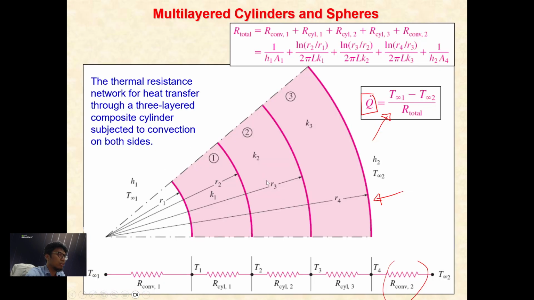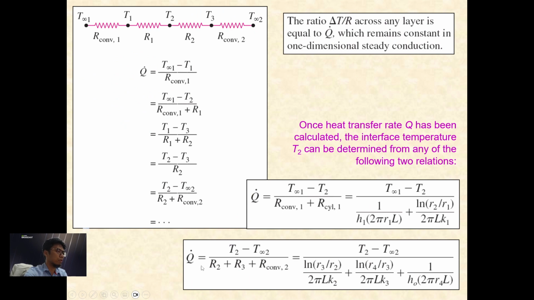You only need to memorize every single resistance. For example, here the resistance of a cylinder, for conduction, just memorize that one particular, don't memorize the whole equation. This is just a waste of time.